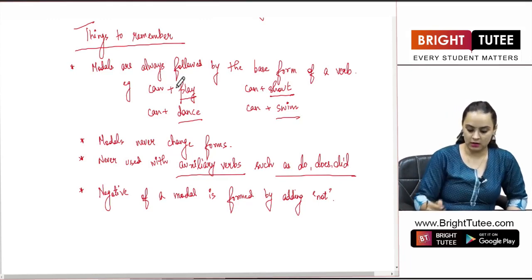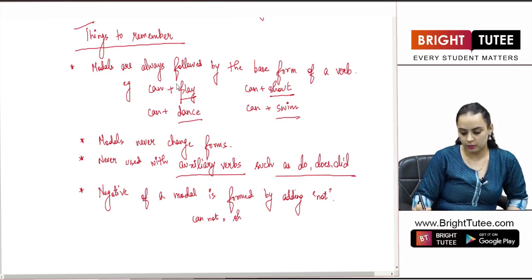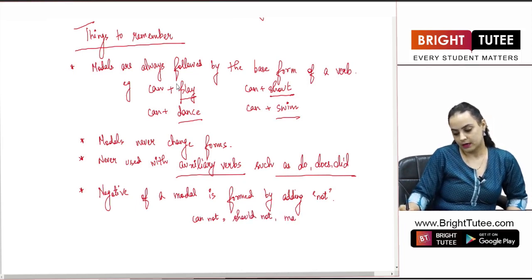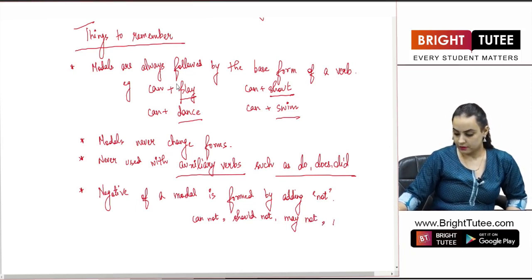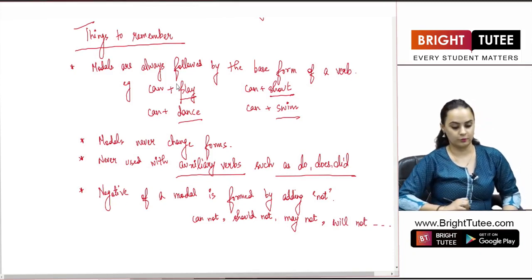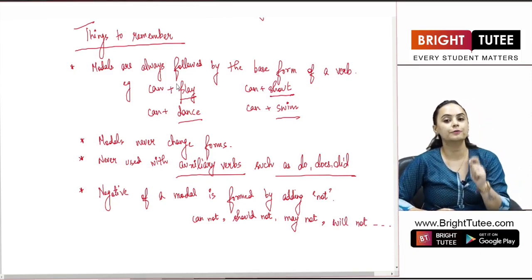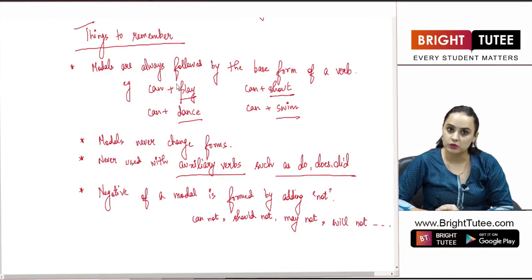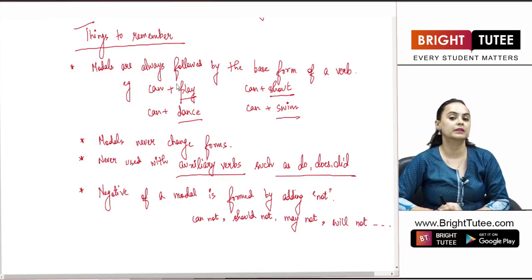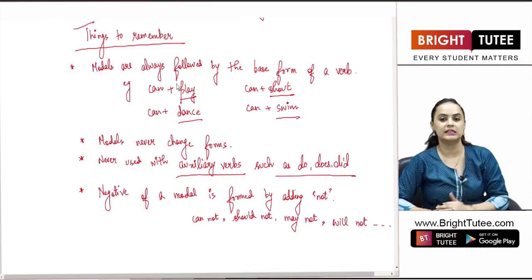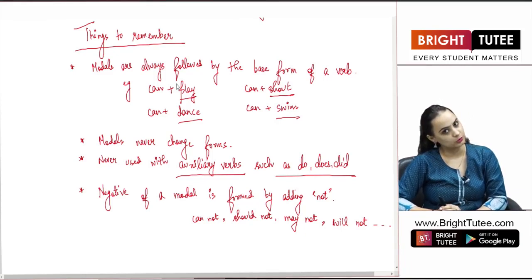So, can becomes cannot, should becomes should not, may becomes may not, will becomes will not, and so on and so forth. So, these are a few things that we need to keep in mind before we begin and we study in detail the topic of modals.